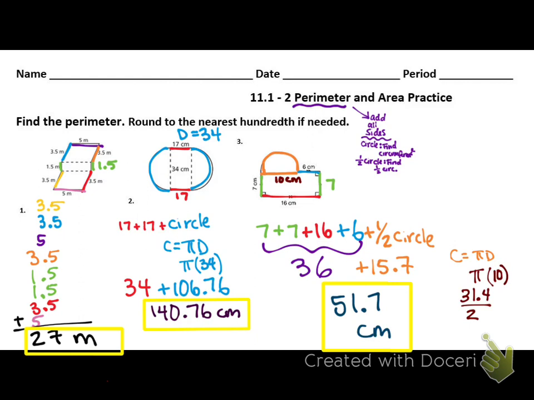So the main thing that people get wrong, as you could probably guess, is the half circle. Just make sure if it is not the entire circle, that you will half it. We didn't half over here because we had 2 halves. If you have a half a sandwich and a half a sandwich, that makes a whole sandwich. So we only did the whole circumference formula. So it's a little bit different there.